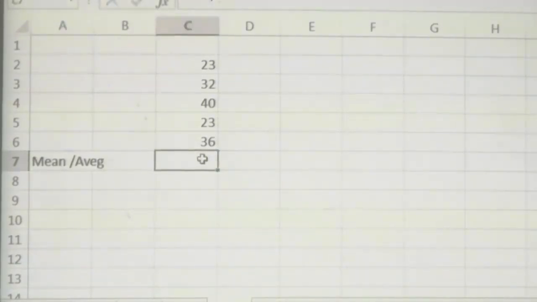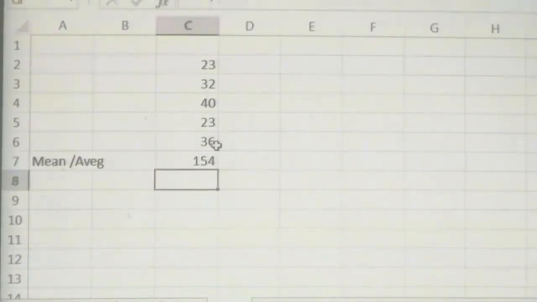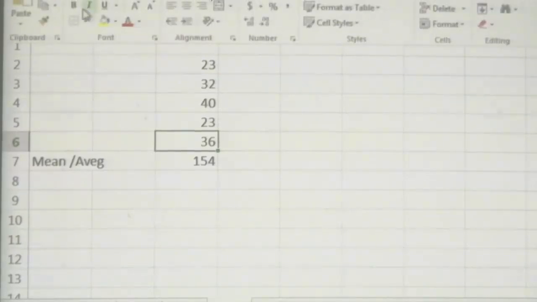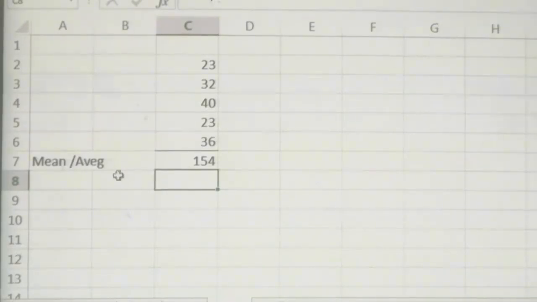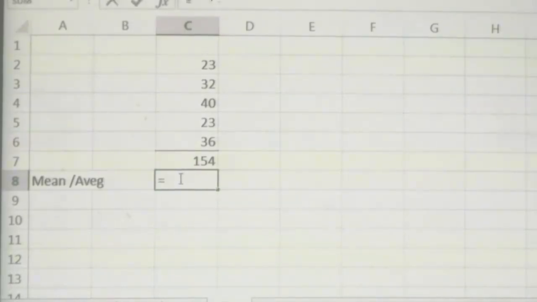Take the total first: 154. Then take the average. Therefore, average equals 154 divided by 5. We have 5 numbers there: 1, 2, 3, 4, 5. Therefore, n equals 5, so divide by 5. Therefore, the average, the mean value, is 30.8.